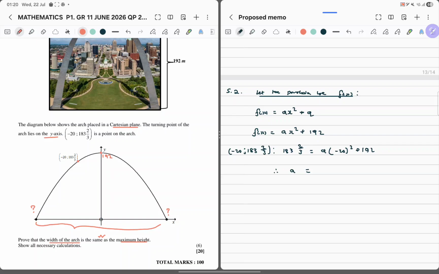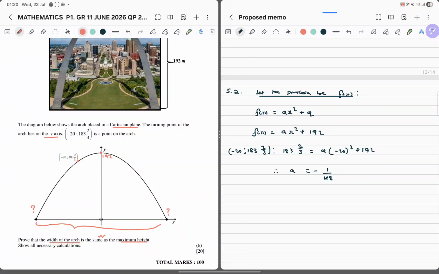Okay, that's the one. Next, we then subtract 192. Okay, good. That gives us a negative answer, which we divide by 20 squared. So this one gives us an a value of, at least it's nice, minus 1 over 48. Very small number.